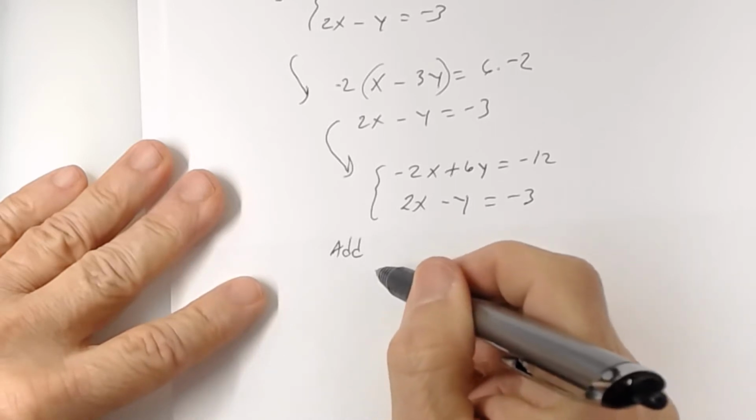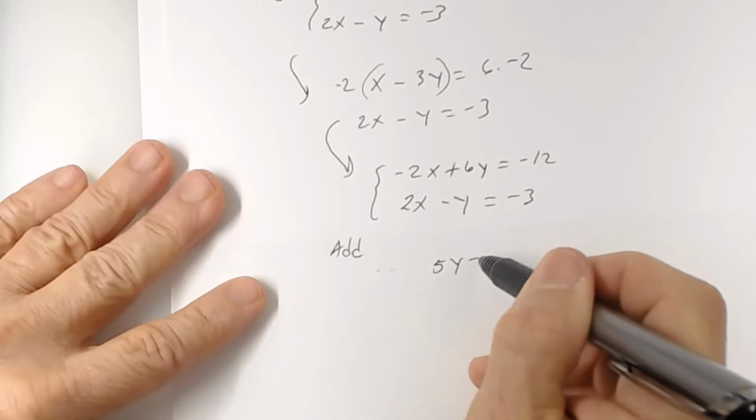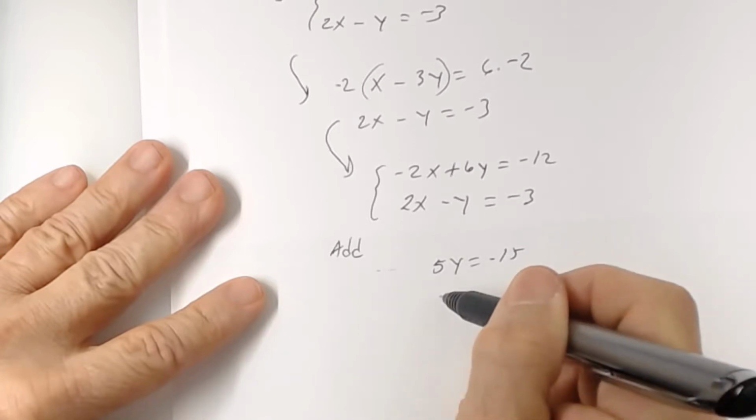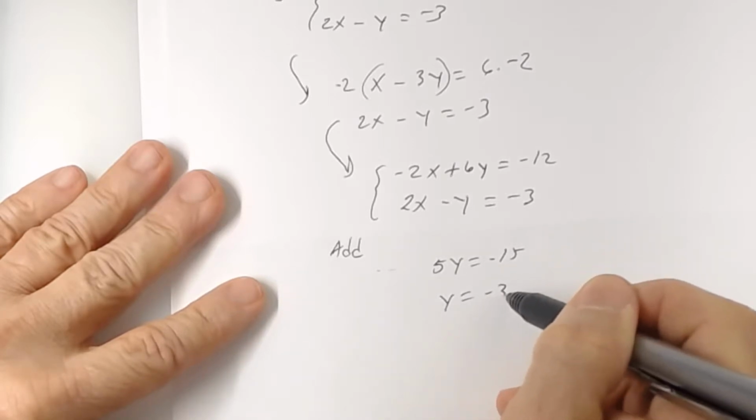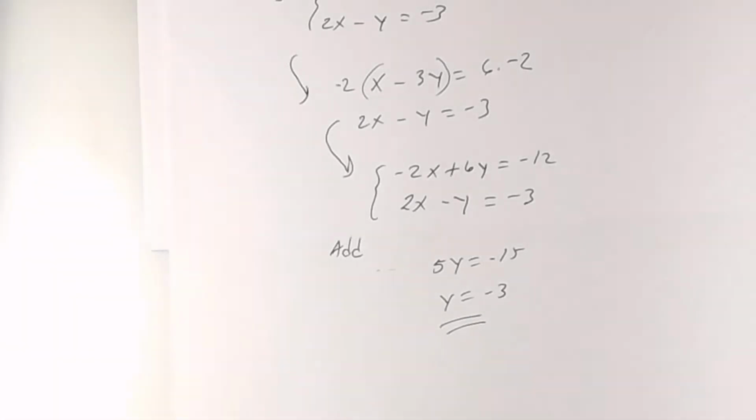So when I add them, what do I end up with? 5y equal negative 15, so y equals what? Negative 3. You said negative 5. You knew something was wrong because in our previous problem we ended up with negative 3. All right, now to get the x coordinate, I just do substitution.